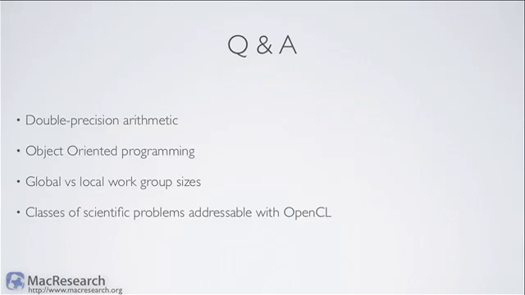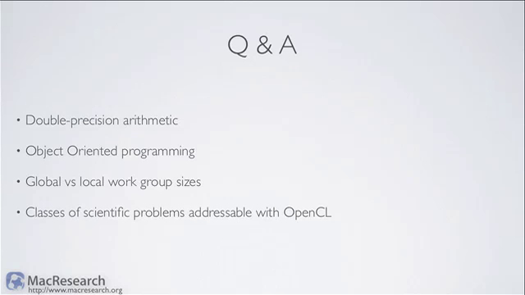So let's start off with some Q&A. There were quite a few questions that either came to me directly or via posts on the website, and I'd like to address some of the more common ones. That would be covering double precision arithmetic, which is important for a lot of scientific computations, and object-oriented programming and how that integrates into OpenCL, how you can use these things together, if at all.